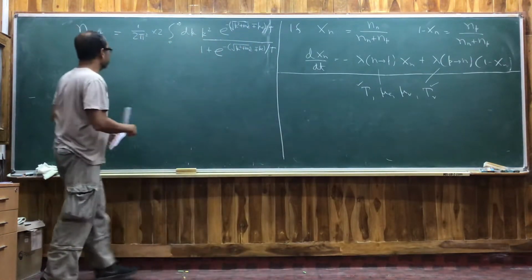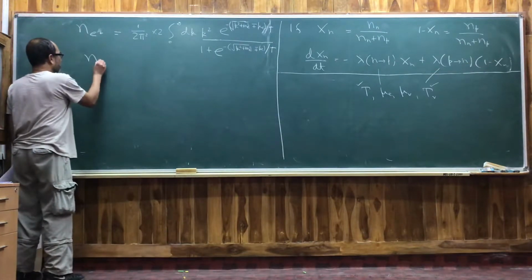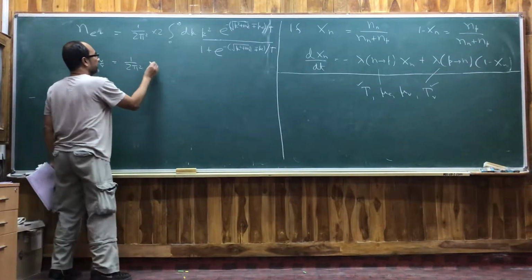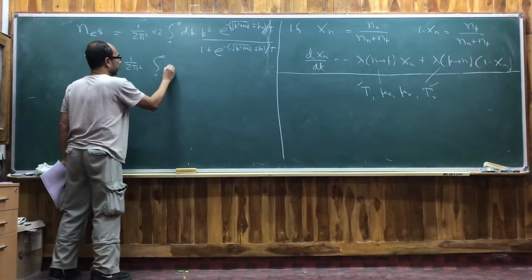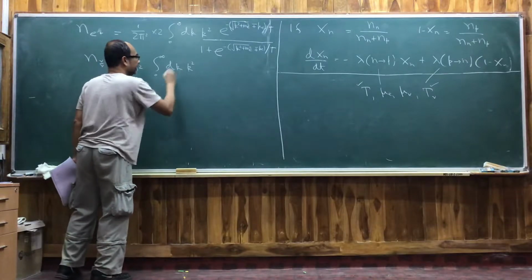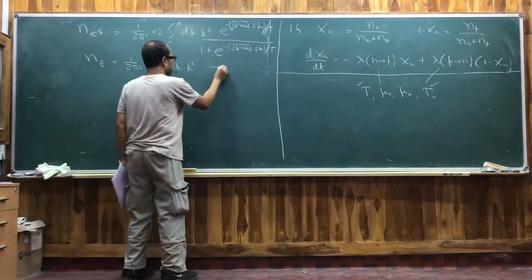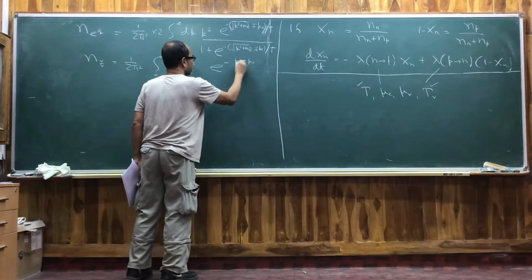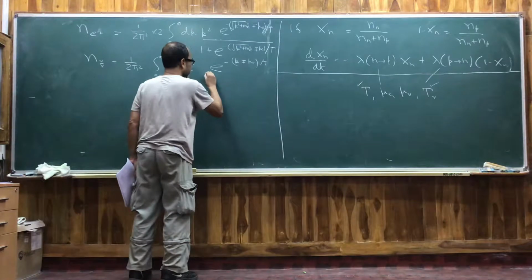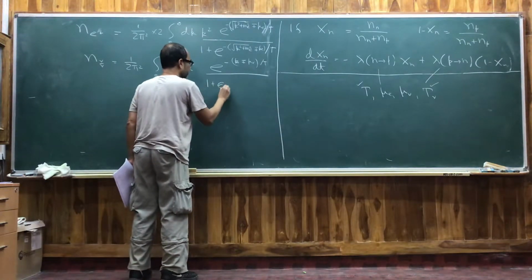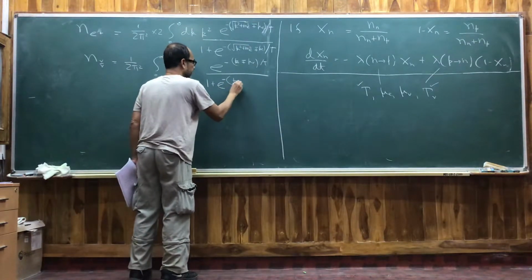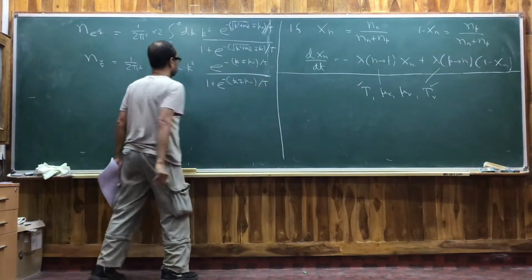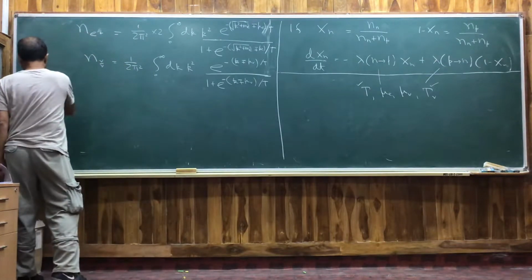That's the difference. Similarly, n of nu and nu bar will be 1 over 2 pi squared, integral 0 to infinity dk k squared. This time you can ignore the mass. The integrand is e to the power of (k minus/plus mu nu) over T, over 1 plus e to the power of (k minus/plus mu nu) over T. Here you are assuming they are in thermal equilibrium.